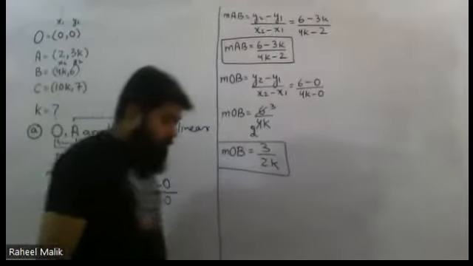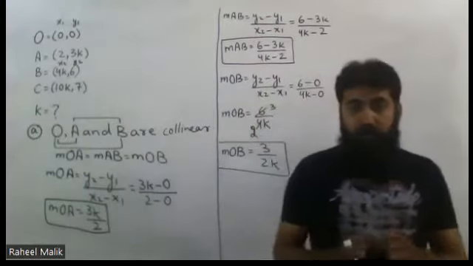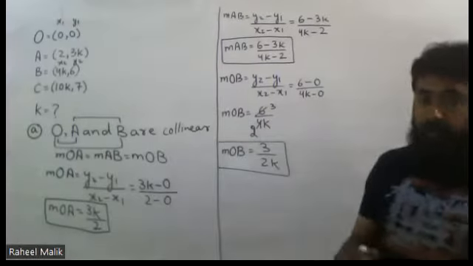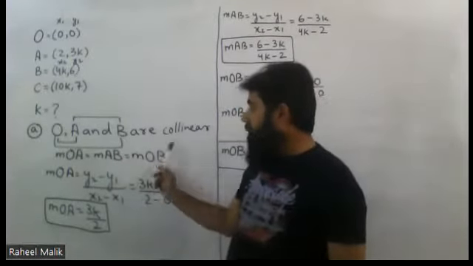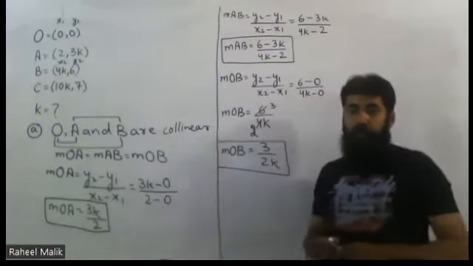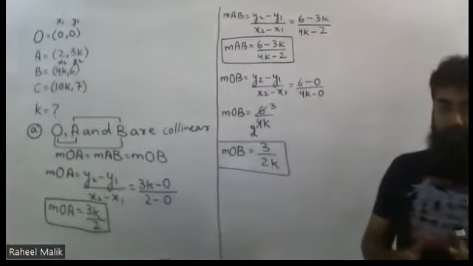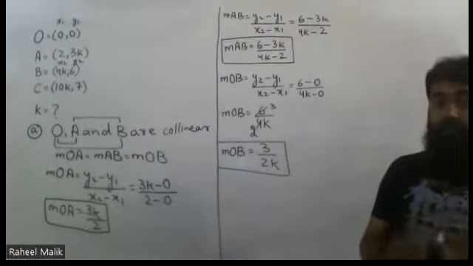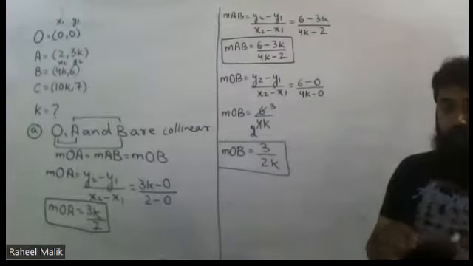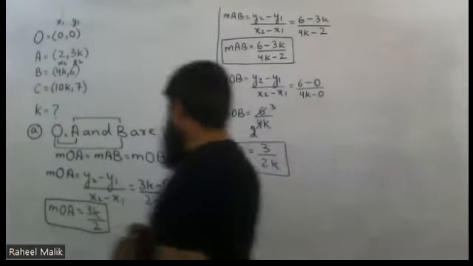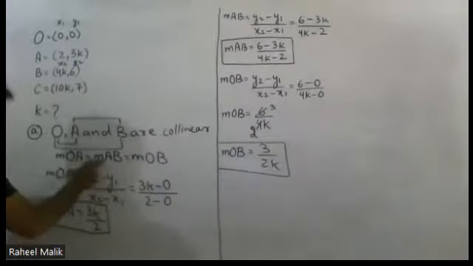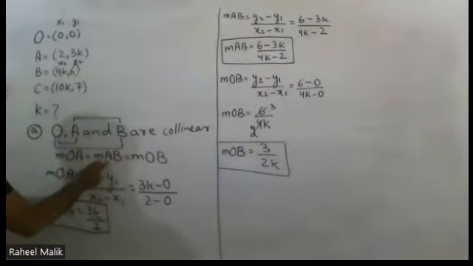Now, in order to find the value, I have told you that collinear points means the gradients will be the same. It means MOA equals MAB equals MOB. It's completely your choice which gradients you use to get the result. Let's say I am using MOA and MAB for the comparison.